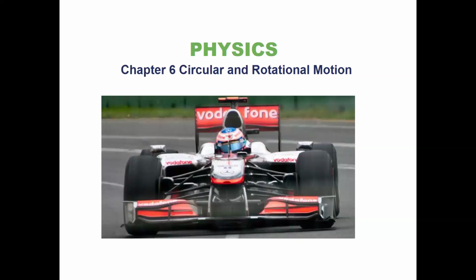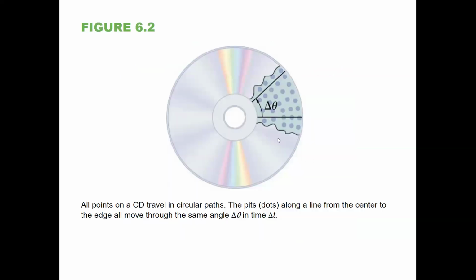And we must also understand the difference between rotation and spinning. So many students have a difficult time understanding the difference between rotation and spinning. Rotation is when you are moving around a fixed external axis. You see, you have this CD, for example, that's the axis in the middle.